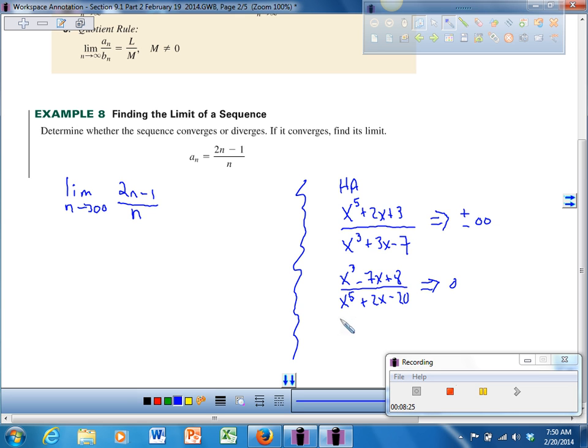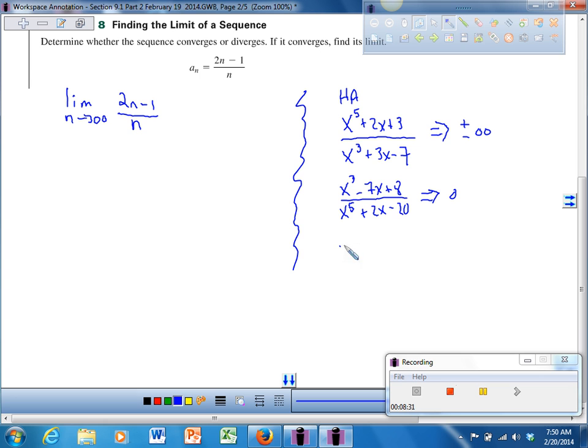All right, well, what about when it's the same on the top and bottom? So let's say we have 2x to the 5th plus 3x squared over 3x to the 5th minus 8. Approaching 2/3. It's approaching 2/3. So they're growing at the same rate, right?